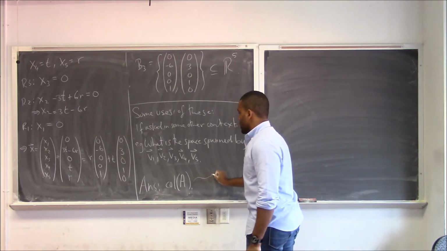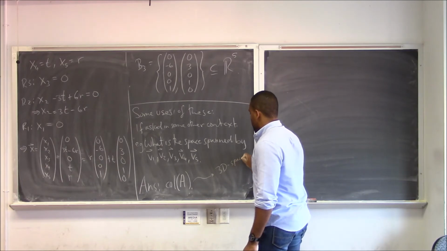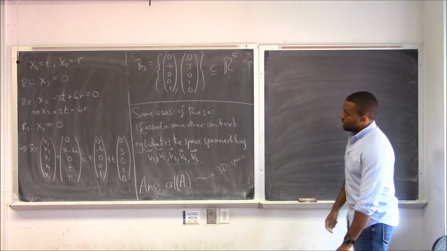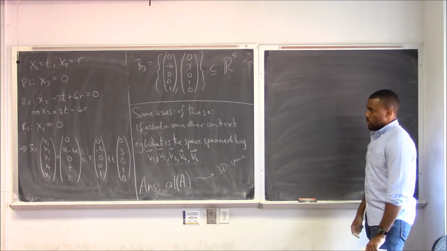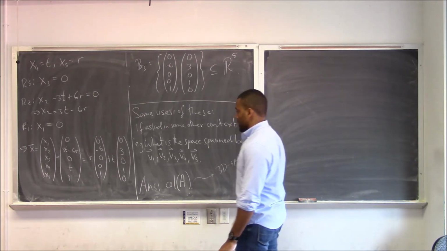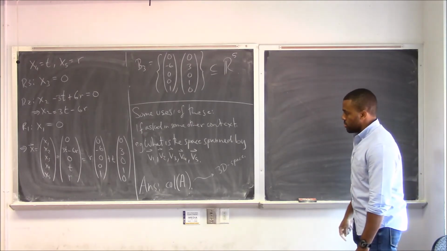So you know, for example, this is a 3D space. Let's say you had some 4-dimensional vector space that you wanted to find a basis of, and you know that these 5 vectors live in that space. You know at least one of them has to be redundant by our previous methods.